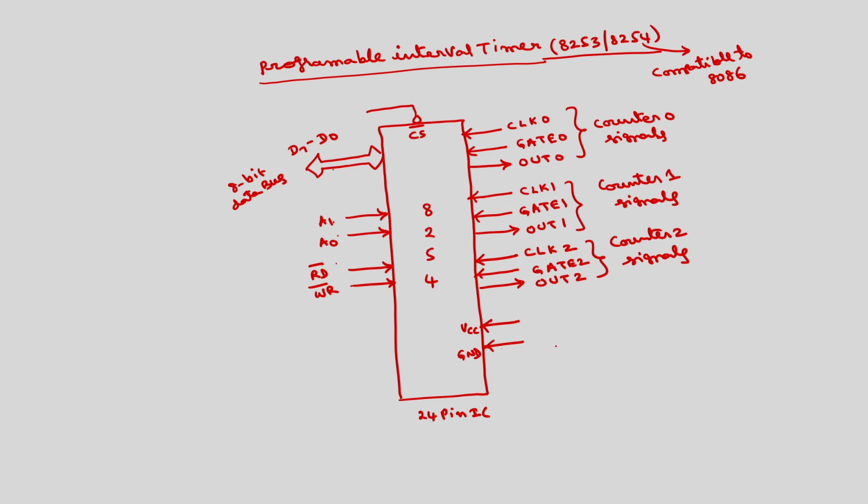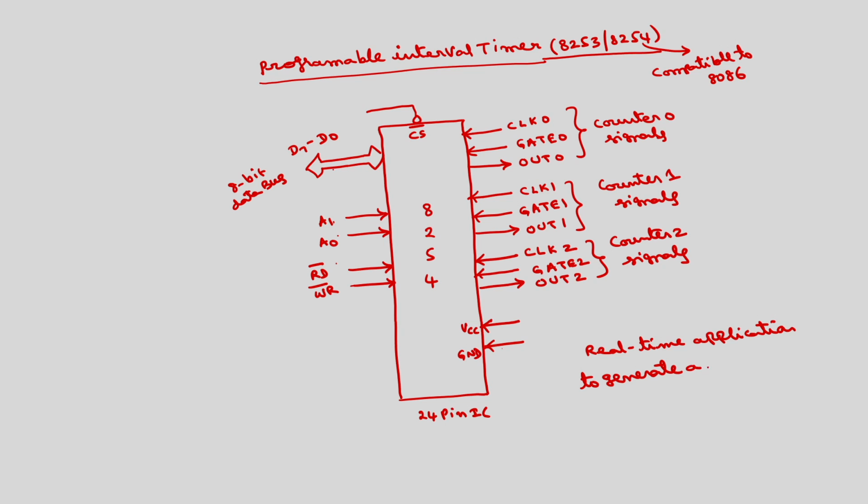Basically, this programmable interval timer will be used in real time applications, to generate accurate delays. Using delay programs, we cannot generate accurate delays, but there are some applications where we have to generate the delays precisely, very accurately.